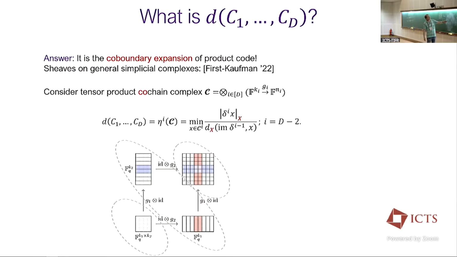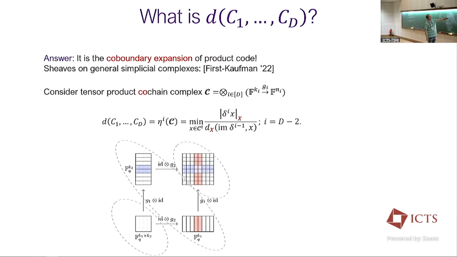Here I use these matrices, and I interpret them as generator matrices. I will describe why it is so. So here we have the following complex, and the definition is as follows.